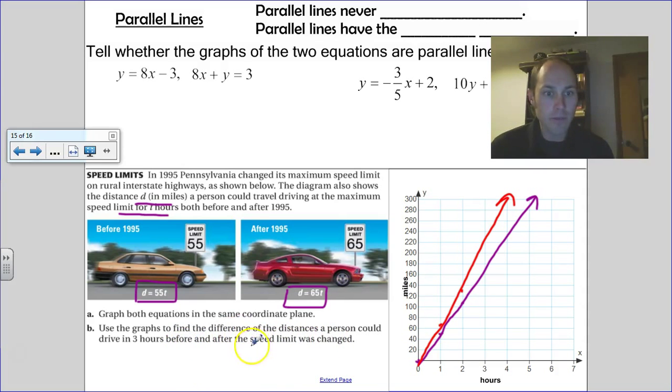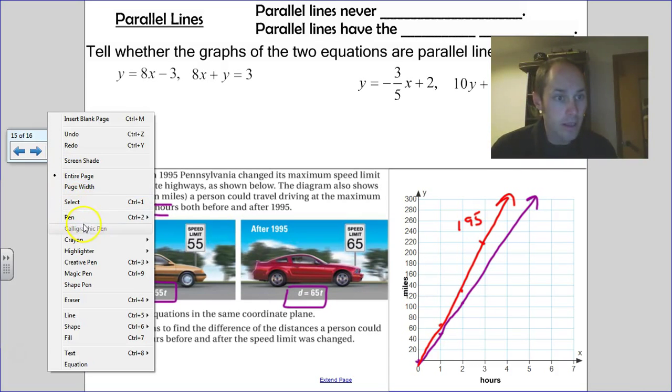A person could drive in 3 hours before and after the speed limits change. So we go up to 3 hours, and we look here on this one, and this one here is after 3 hours, 65, 130, 195. My graph isn't very good. I should have drawn my points in better.